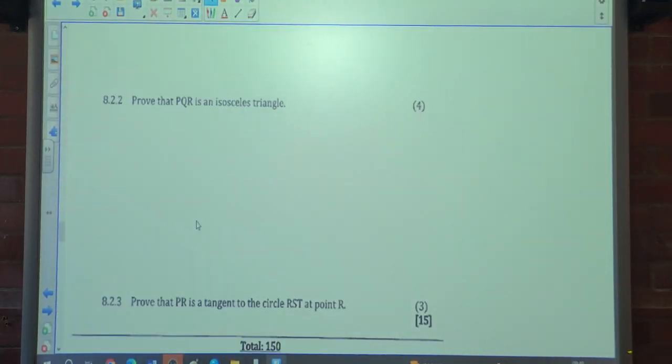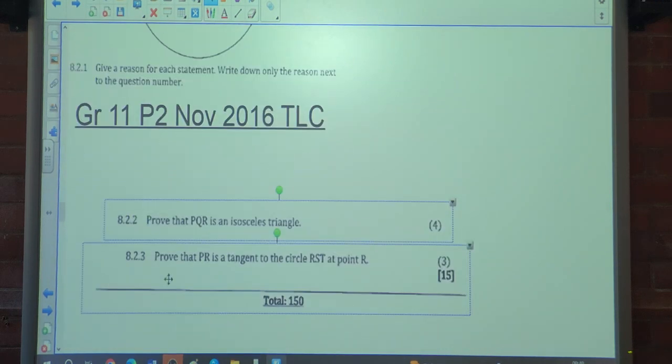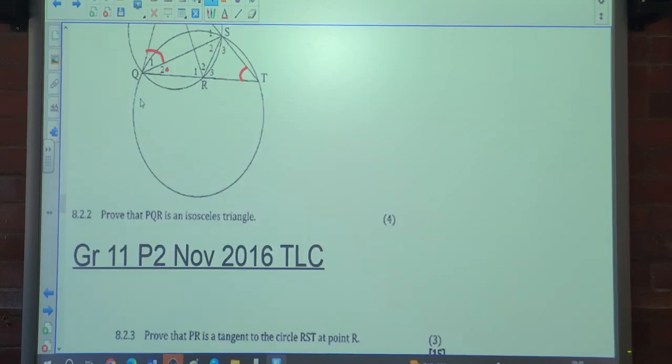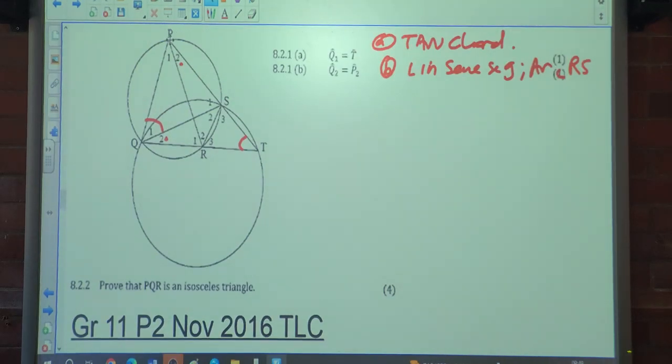Next question. In 8.2.2 they ask you to prove that PQR is an isosceles triangle.